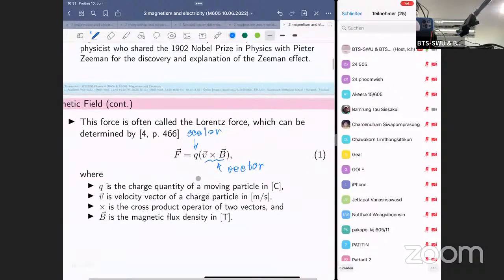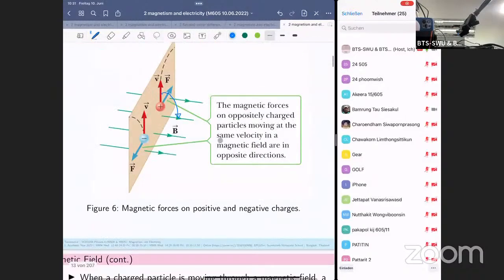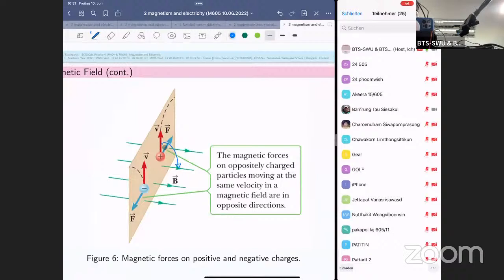And what is the result then? If your Q is positive, your F will follow the result from the right-hand rule, V to B. This is vector B, right? Your F will be in this way. This is valid for the positive charge. But if your charge is negative, the induced force will be in the opposite way to the positive one.